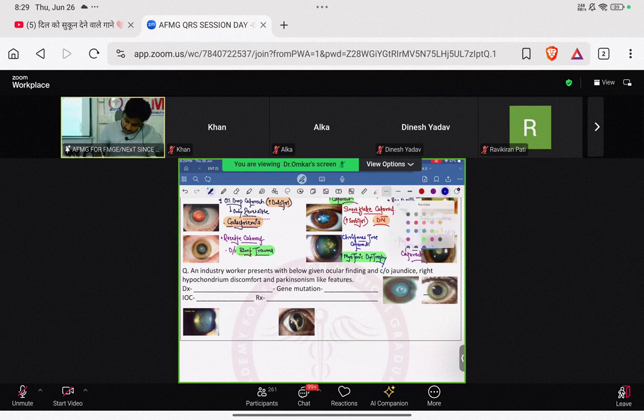Next important is another type of cataract, very classical. Here there is a question which says, children, we have an industrial worker who presents to us with complaints of the below given ocular findings, and the patient complains of jaundice along with right hypochondrium discomfort and Parkinsonism-like features. Tell me, jaundice and Parkinsonism together is seen in only one condition, and that is Wilson's disease. There is no other condition which causes jaundice and Parkinsonism together, beta.